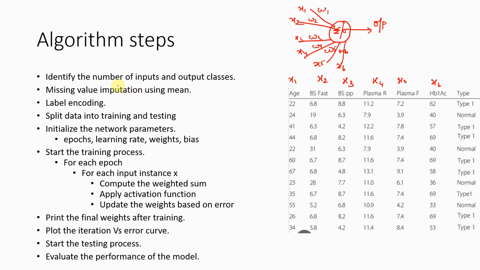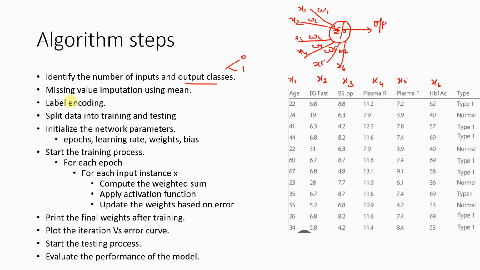First we need to identify how many inputs we need for the particular node and what the output class is. Since it is only a binary classifier, the classes are 0 and 1. We need to go through our data set and identify whether any null values are available before doing the classification process.